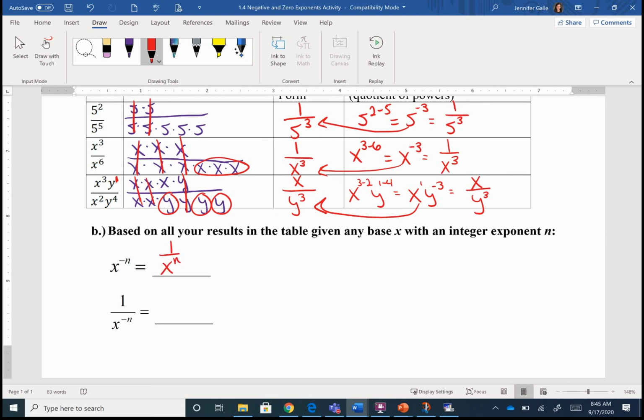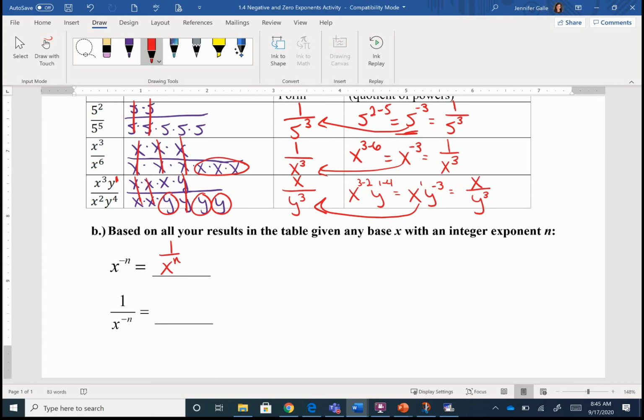Same thing we did up here with 5 to the negative third, we moved it to the bottom. x to the negative third, we moved it to the bottom. y to the negative third, I really liked 3's on this one again. It's not even my favorite number. So y to the negative third moved also.